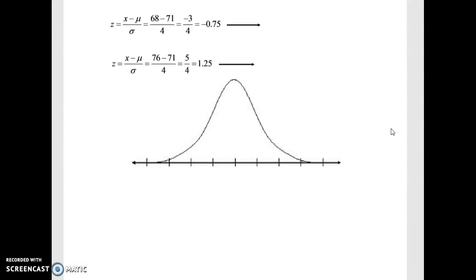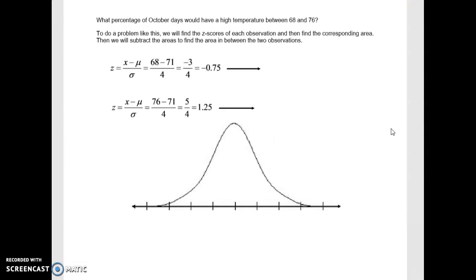One more. We're going to do a between. And then the next video, I'll show you how to do this in the calculator. We still have a mean here of 71, and we still have a standard deviation of 4. And now they want to say between 68 and 76.